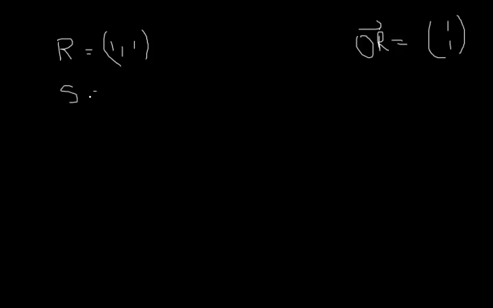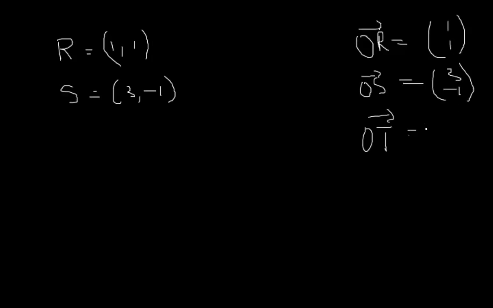So for S, it would be 3, minus 1 because OS was given as 3, minus 1. Then they told me OT is 4, 4. Therefore, the point T has the coordinates 4, 4.